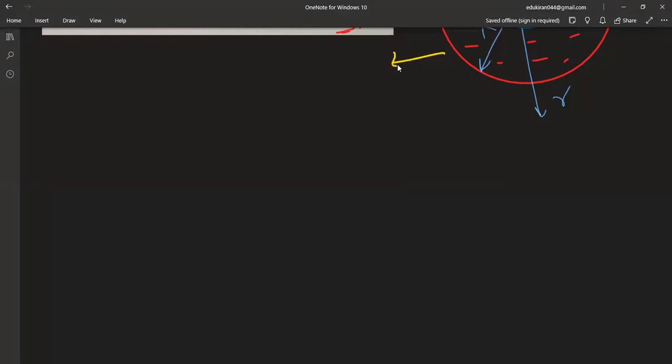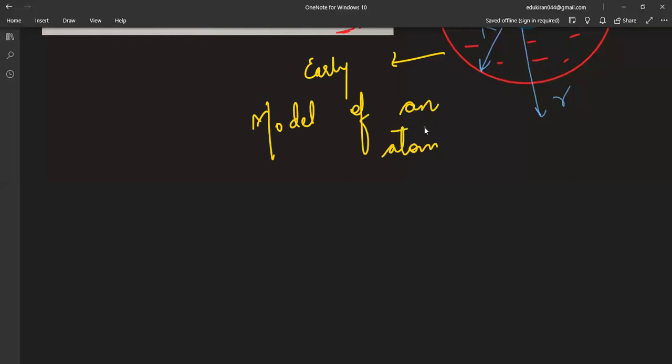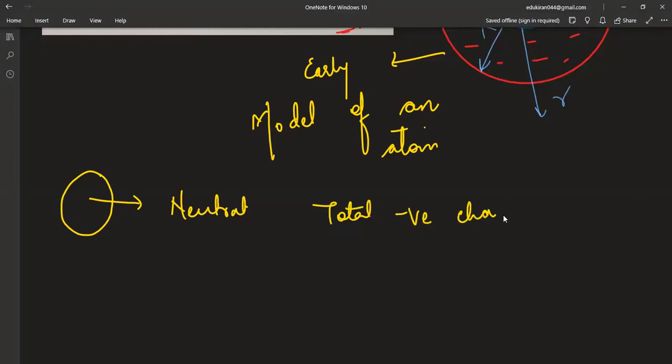Why are we drawing it like this? Because this is an early model of an atom. Now see, you know that the atom as a whole is neutral. So it means the total negative charge, when we are calculating, for that radius capital R has to be minus Ze, right?